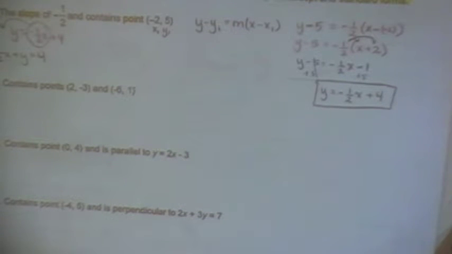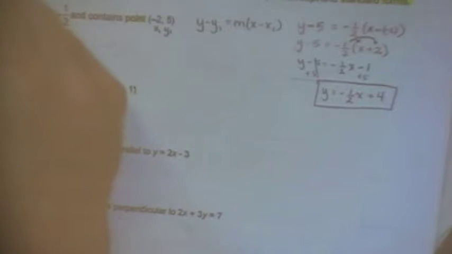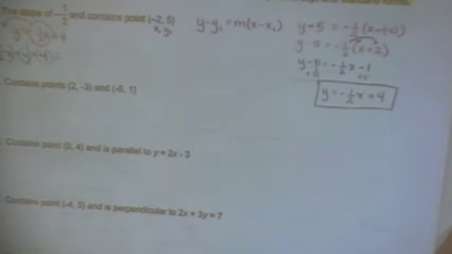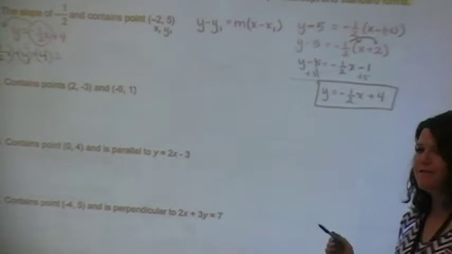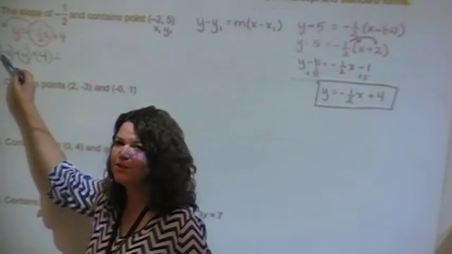Now, I need to multiply every single term by the denominator. So my denominator is 2. I'm going to multiply everything by 2. So I'm going to multiply this by 2, and this by 2. Multiplying the first term by 2 just cancels the denominator.